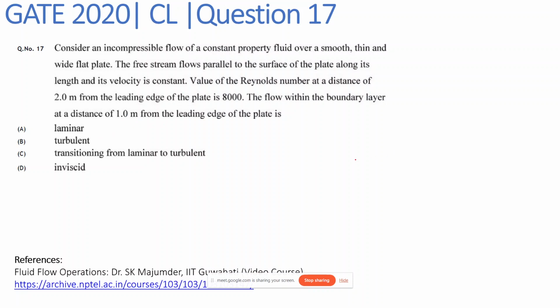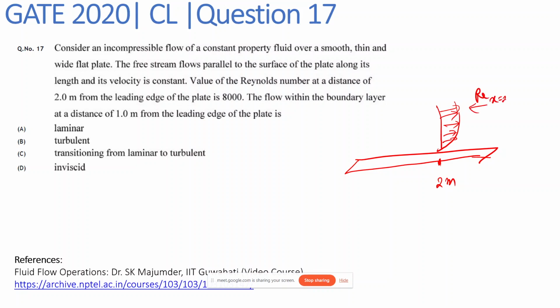So over here we have been given a flat plate, and at 2 meter, let's say this is our velocity profile. For this velocity profile, we have been given that the Reynolds number at x equal to 2 is 8,000. So let's just consider this direction as x.